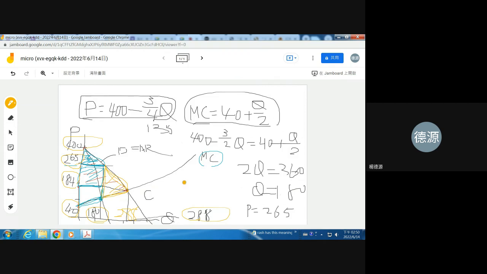A little bit complicated, but it's just a matter of calculation if you can figure out all the corresponding price and quantity. Questions? Now we will get to question 19 on page 321.